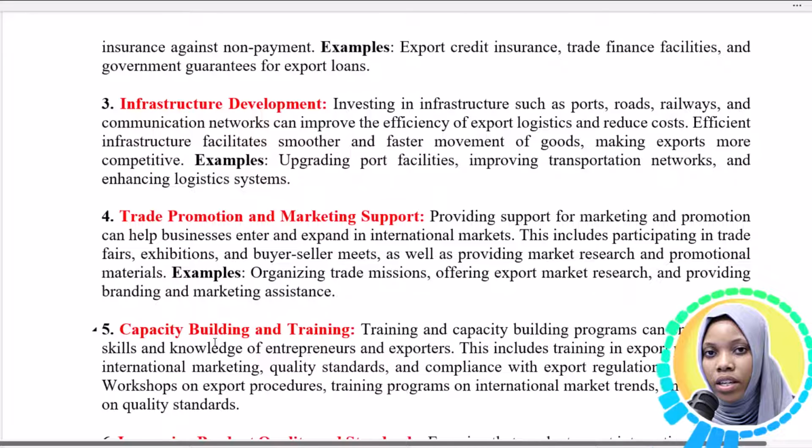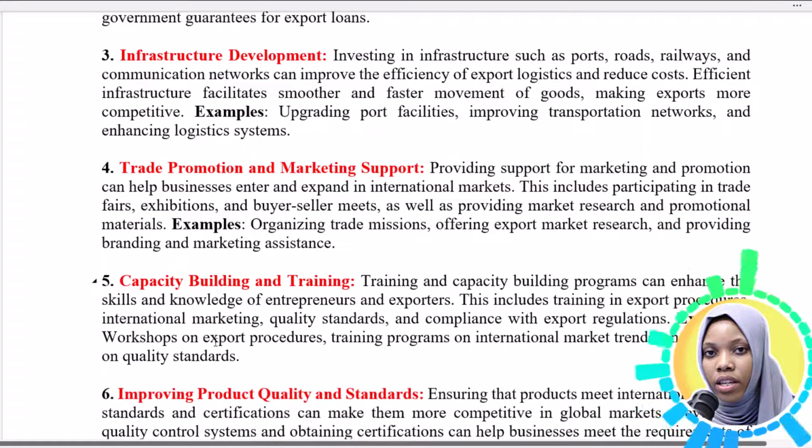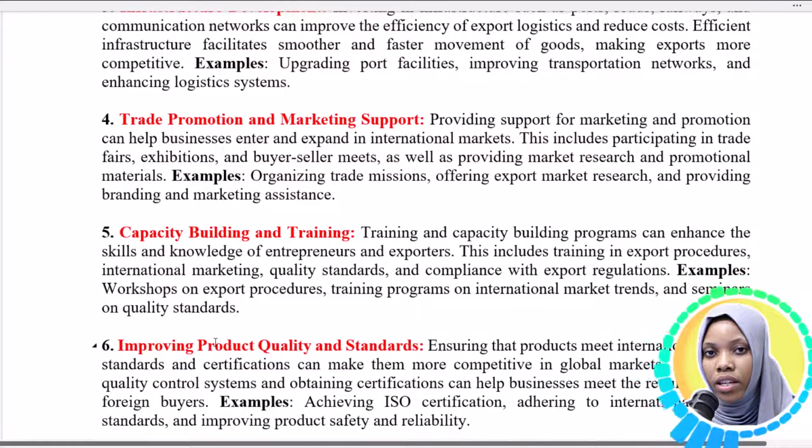That is, they develop their infrastructures. They build better roads, railways, ports, and more of that. Another method is they promote and market their exports or their businesses to the international markets.